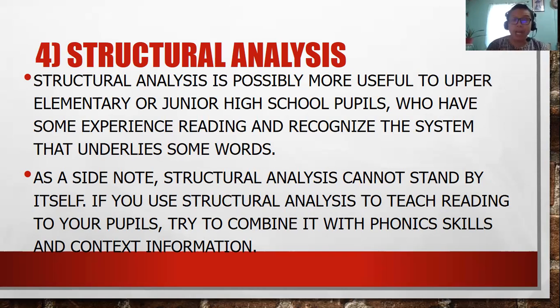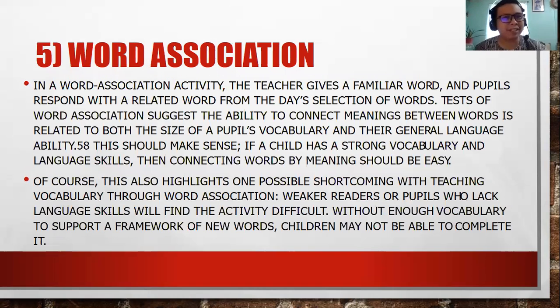How about the fifth strategy, which is word association? We have this word and we will be associating another set of words to widen comprehension skill. In a word association activity, the teacher gives a familiar word and pupils respond with a related word.